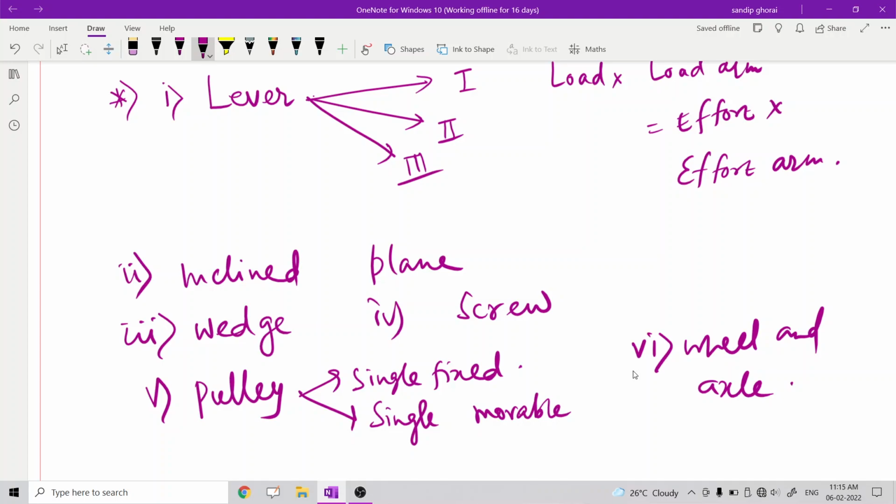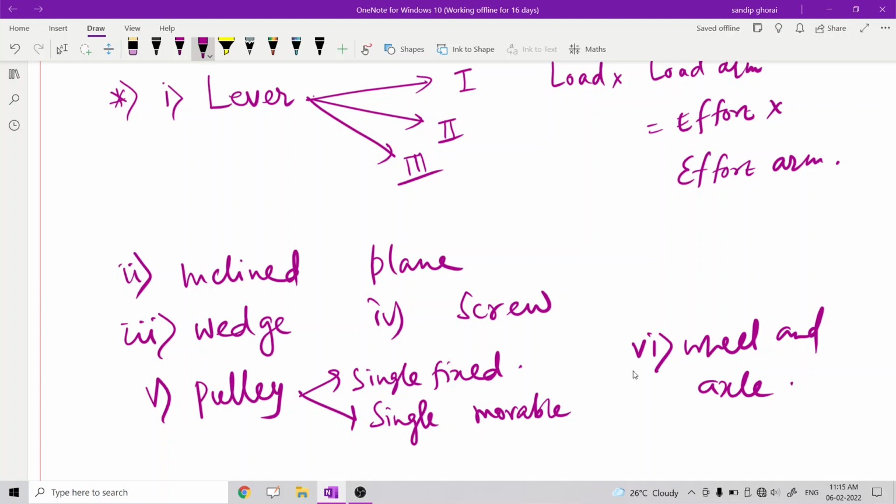An inclined plane is a rigid sloping surface over which heavy loads can be raised or lowered to a certain height or depth. If you use an inclined plane, then we can easily raise a heavy load to a certain height, and also lower a heavy body.